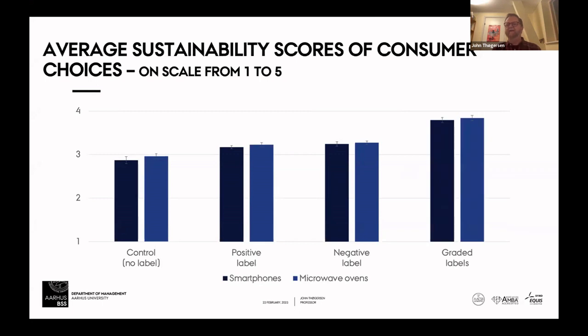If we labeled all products using a graded label, we got a much higher effect on people's choices. So we saw a significantly higher impact on the sustainability of consumers' choices if they got information on all products in the category using a graded labeling system, rather than only labeling the best in class or the worst in class.